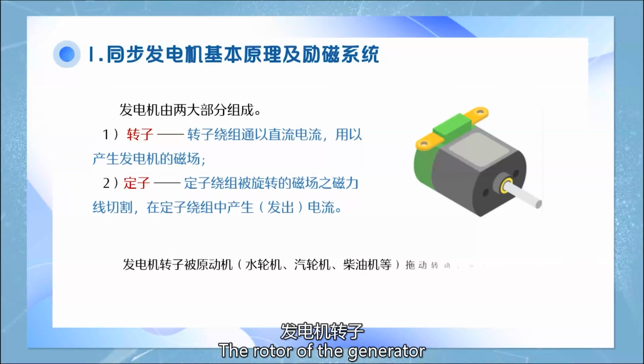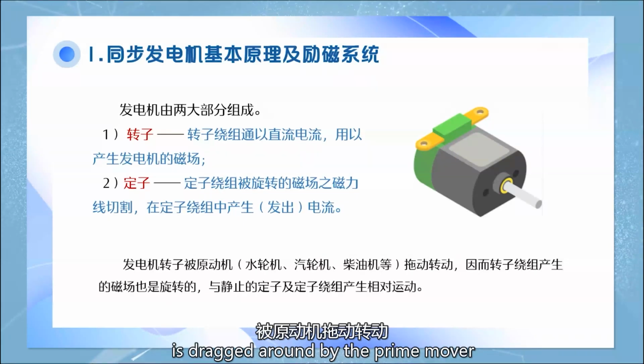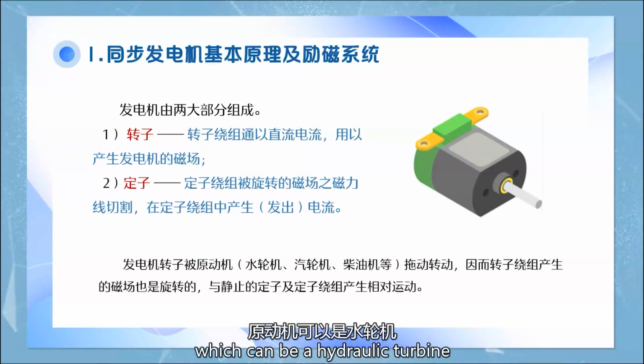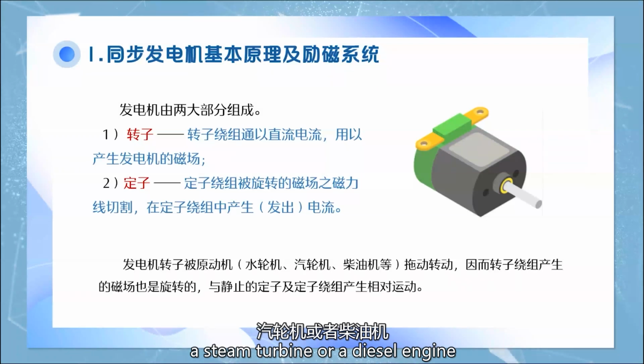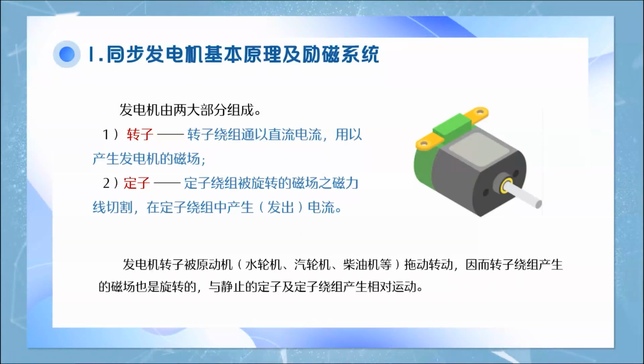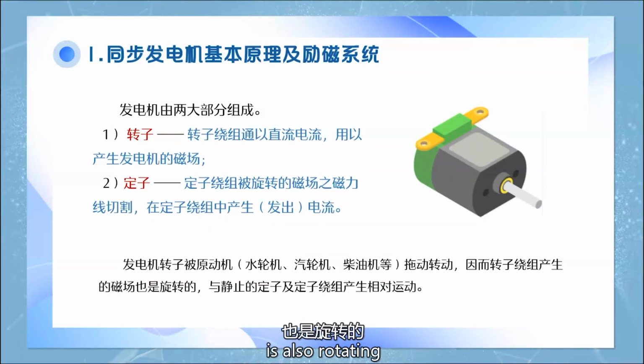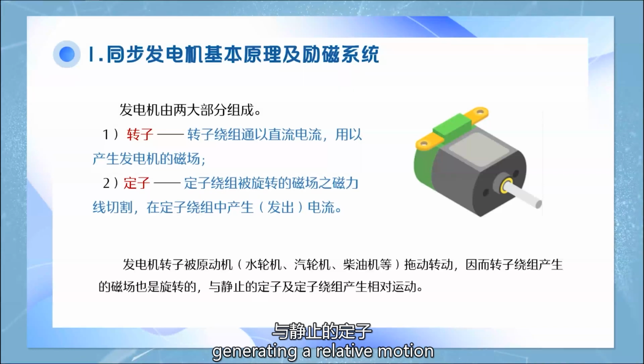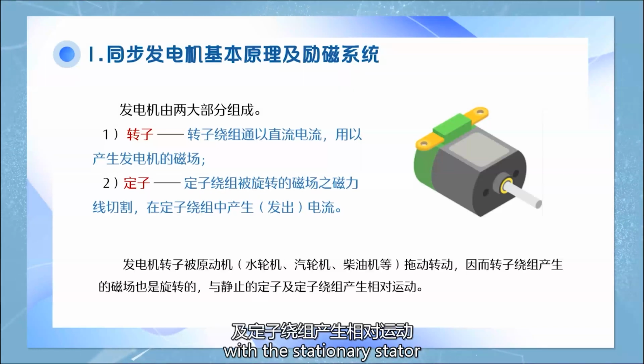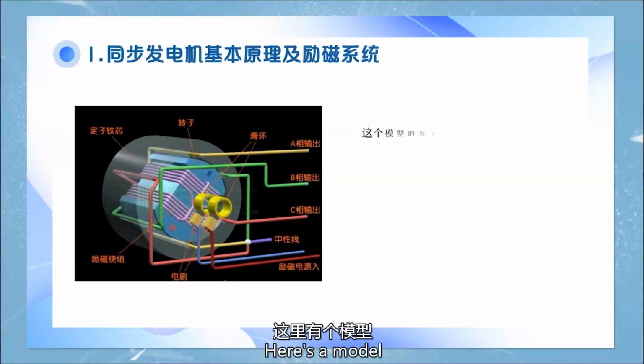The rotor of the generator is dragged around by the prime mover, which can be a hydraulic turbine, a steam turbine, or a diesel engine. And thus the magnetic field generated by the rotor winding is also rotating, generating a relative motion with the stationary stator and stator winding. Here's a model.